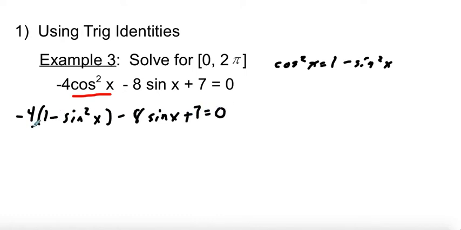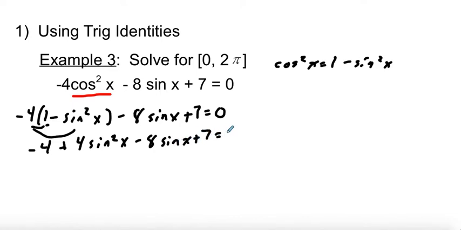So now I'm going to go ahead and use my distributive property and distribute this negative 4 through. So I get negative 4 plus 4 sine squared x minus 8 sine x plus 7 equals 0. I'm going to put them in the right order.